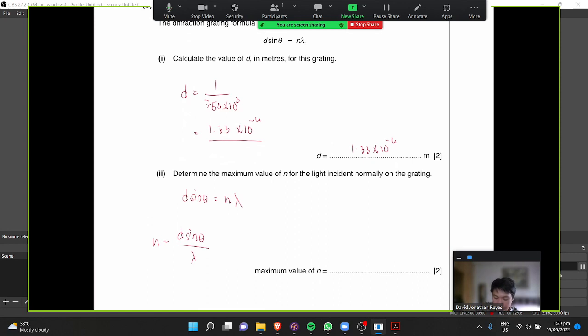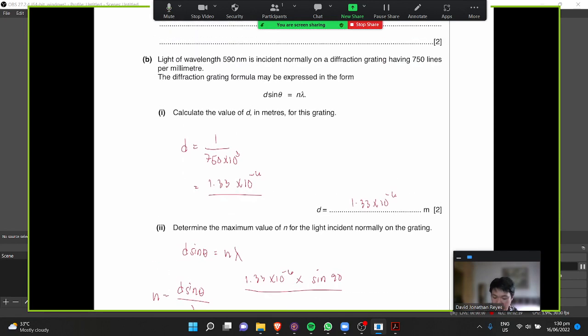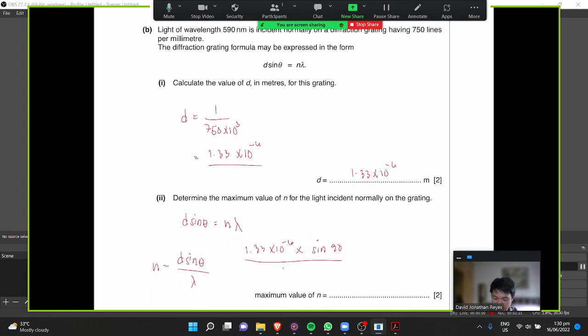Okay, that leads to 1.33 times 10 to the negative 6 multiplied by sine of the angle, which should be 90 because that's the max value, all over the wavelength, which is 590 times 10 to the negative 9. Let's solve that.